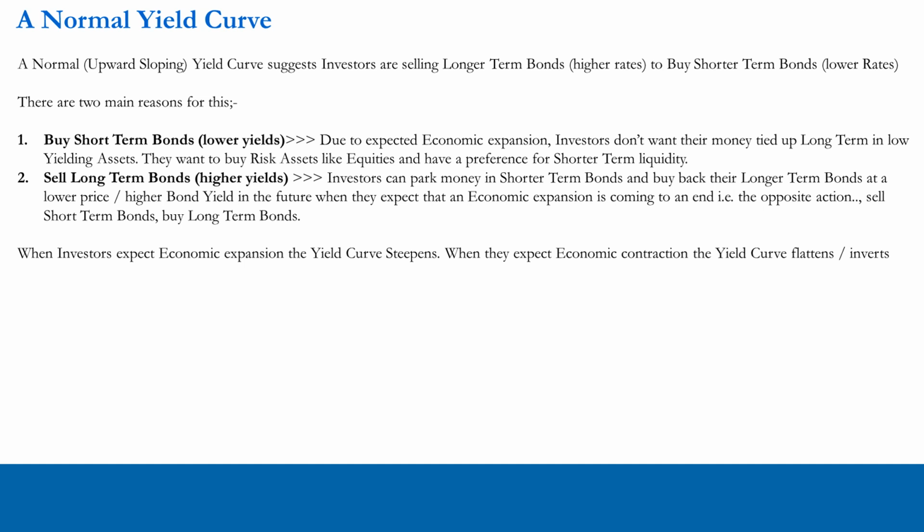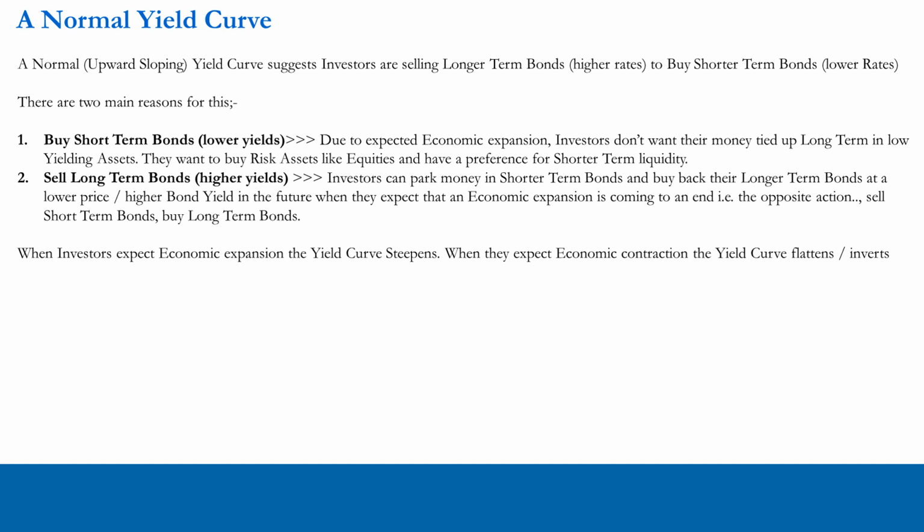And then what happens in the opposite situation when economic contraction is occurring? Well, we're now doing the opposite, okay? The market is selling short-term bonds to buy long-term bonds. They're putting their money into longer-term bonds because they expect a contraction is going to happen.